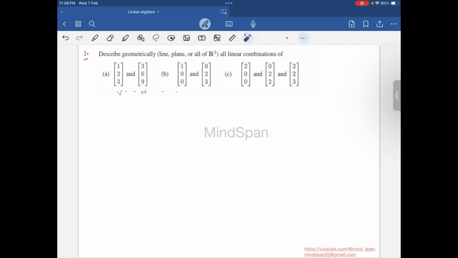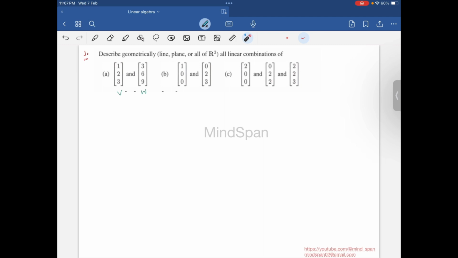Why? Because to specify V you need three components. That means V belongs to some three-dimensional space, and similarly W also belongs to some three-dimensional space, because we need three components to specify V and W.